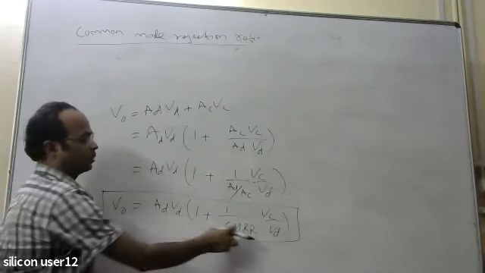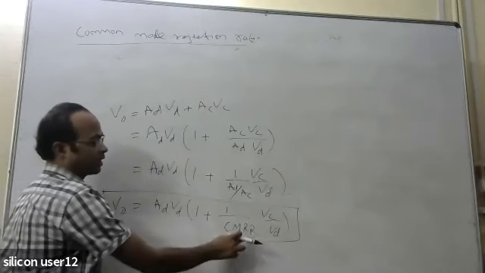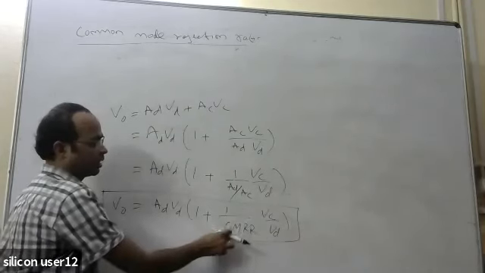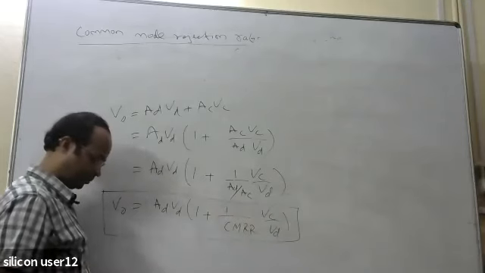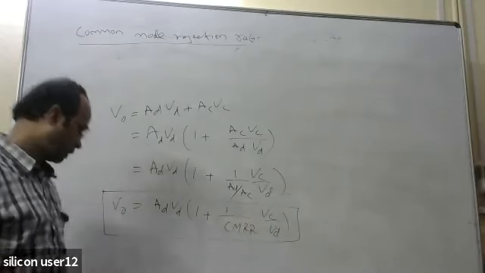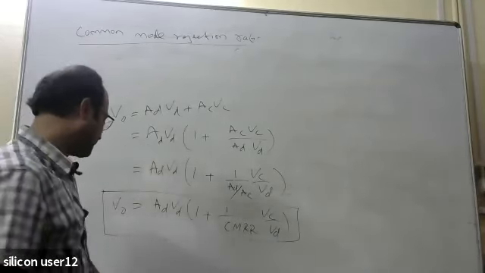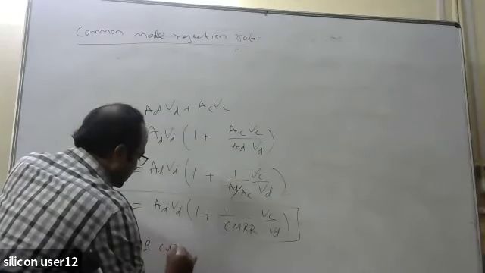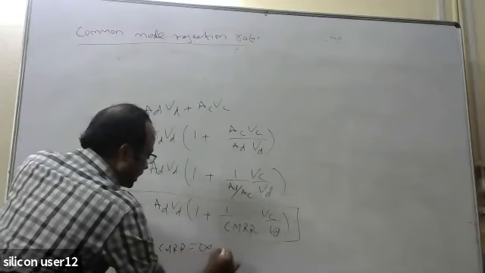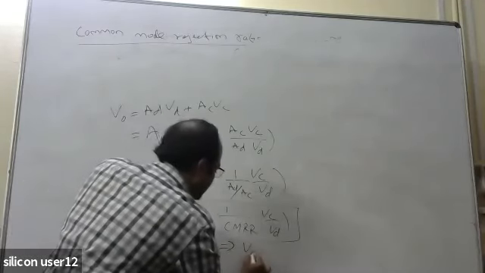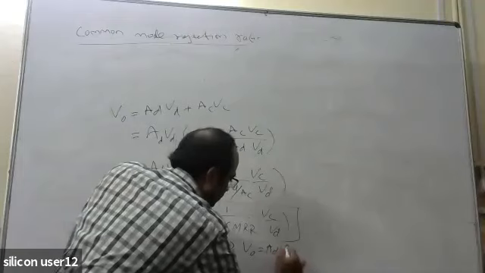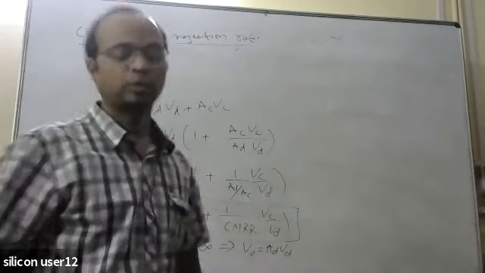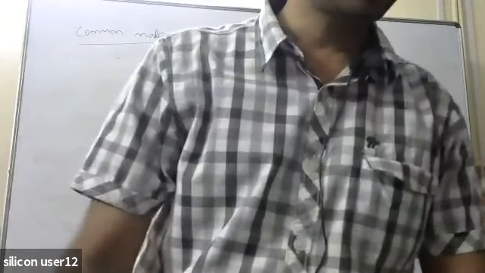If your CMRR is a low quantity, it is also enhancing the common mode component. So CMRR should be a very high quantity. A large value of CMRR, almost infinite, means V0 will be equal to ADVD. That's why our intention is to make this CMRR a high value.